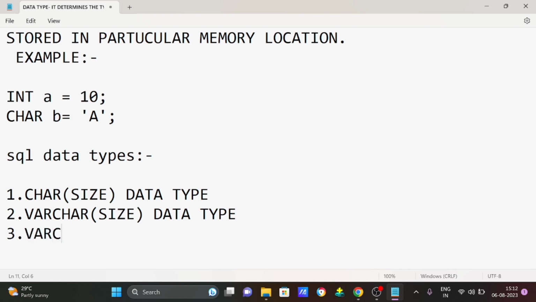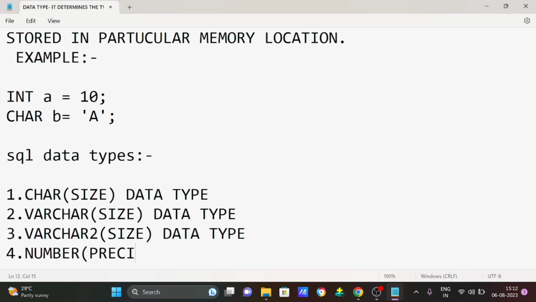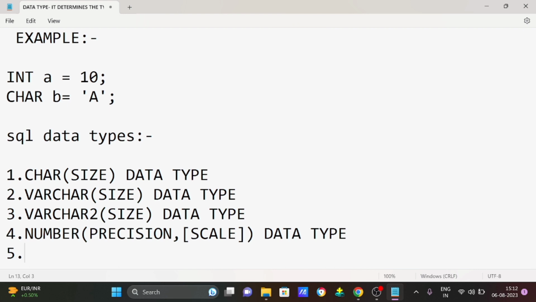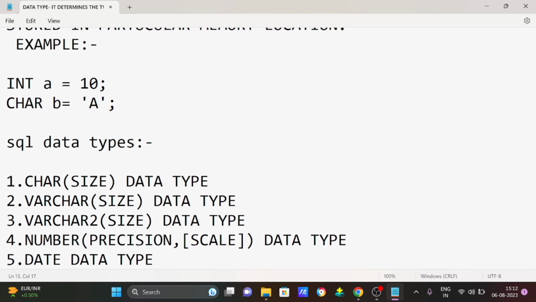Third, varchar2 of size data type. Fourth, number of precision comma scale data type, and fifth is the date data type. There are also some other types of data in SQL, but these five are the most commonly used data types in structured query language.